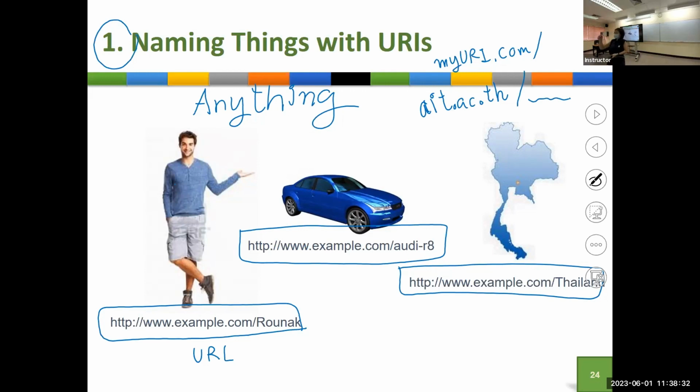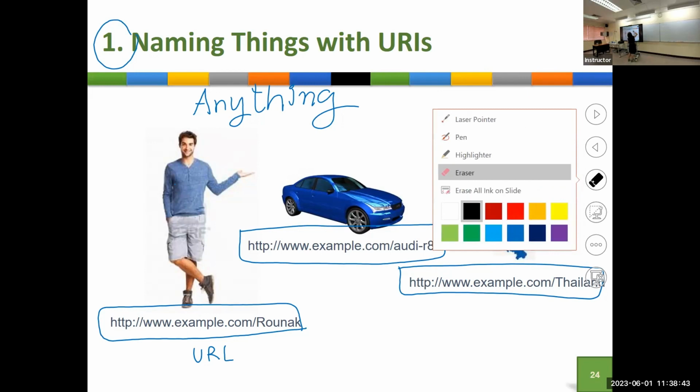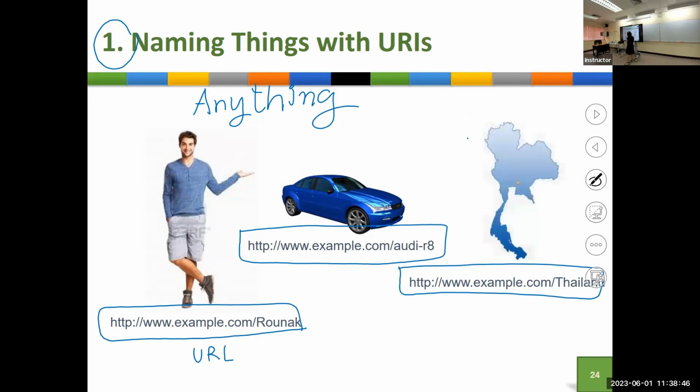They would need to define some mechanism like, okay, suppose I am managing data for AIT and I want to make use of linked data to connect all the data of AIT. I may use ait.ac.th/resources. And I may define a mechanism of running this ID under the resources, right?